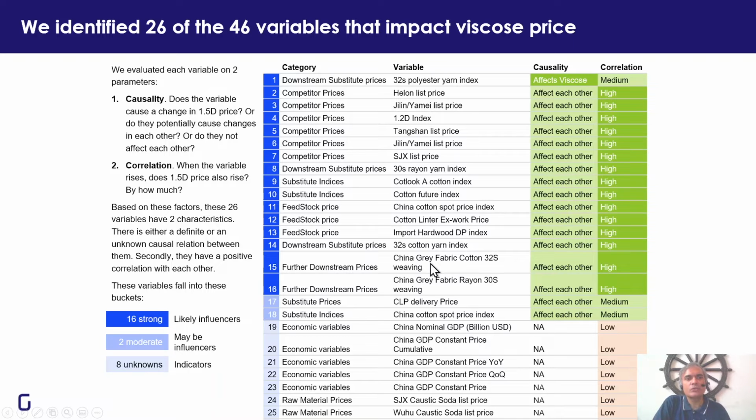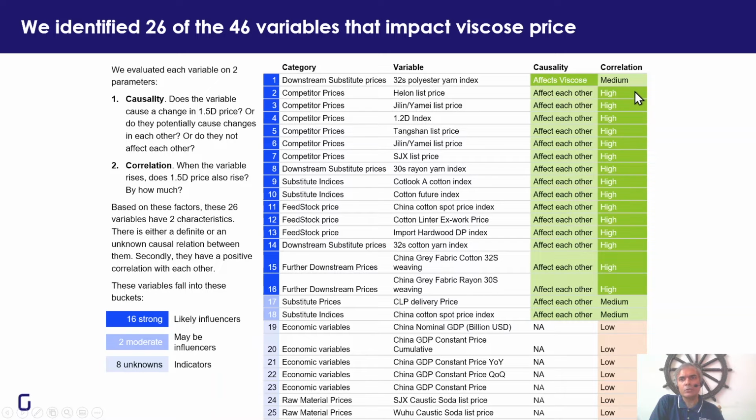We looked at this in two ways. One is causality. That is, if there is a change in the price of one of these variables, does it explicitly in the future cause a change in the variable that we are looking at, which is viscose price? Second is correlation, meaning the other way, that is, are any of these variables affected by the price of viscose itself?